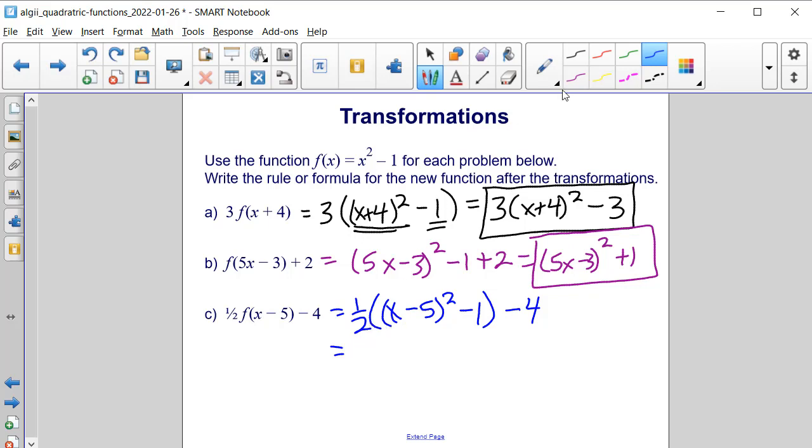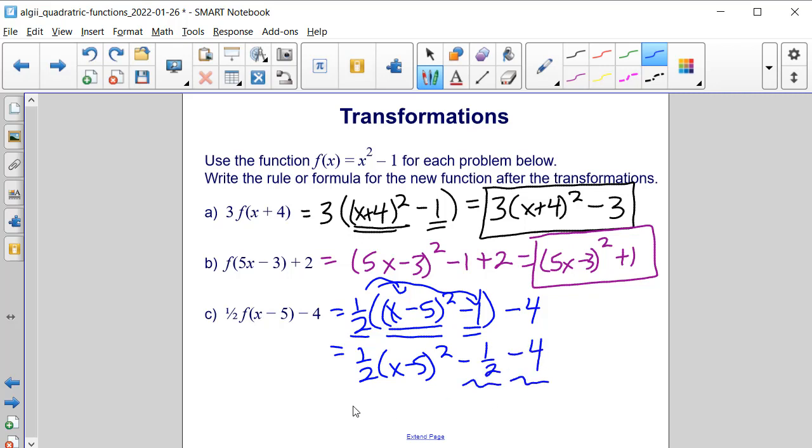And we next need to distribute this 1/2 through to both the x minus 5 squared and the minus 1. So we're going to have 1/2 times x minus 5 squared, and then minus 1/2, and then minus 4. And now we can combine our like terms. We have 1/2 x minus 5 squared minus 4.5, or 4 5/10 as a decimal.